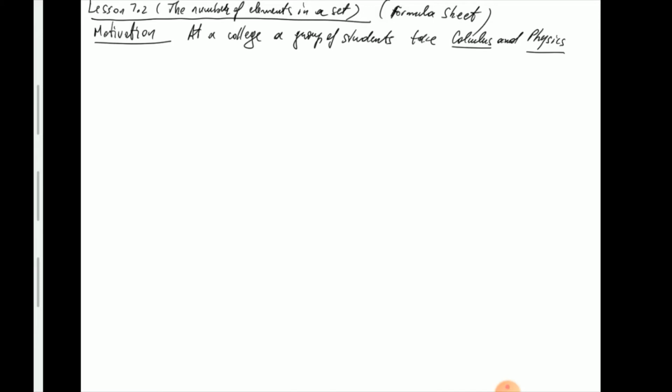And I know that 700 students take calculus, 500 students take physics, and suppose that we know there are 1,000 students in total.